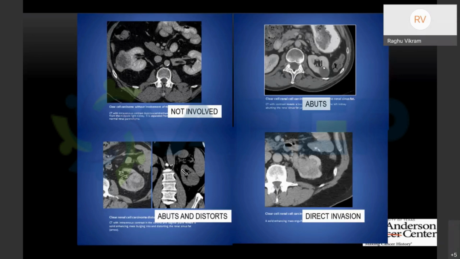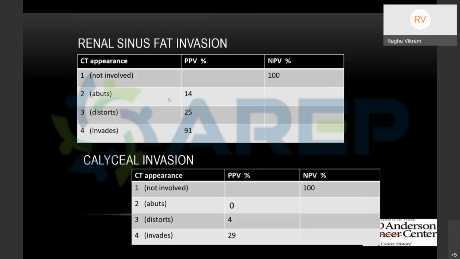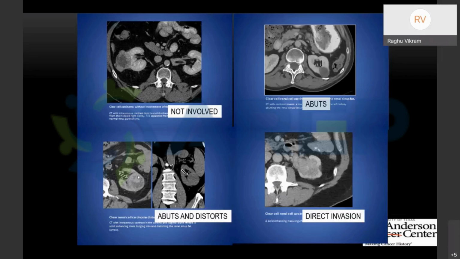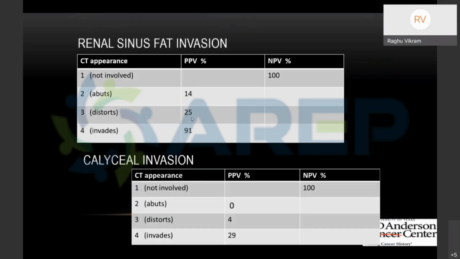What we were wondering was what happens if it abuts? How many of them actually involve the renal sinus fat? Not a lot. If it abuts, 86% of them were not actually involving the renal sinus fat. That was very interesting for us. But more surprising was if it abuts and distorts. We thought most of them should be involving the renal sinus fat because it is distorting, but we were surprised that 75% of them were not involving the renal sinus fat.